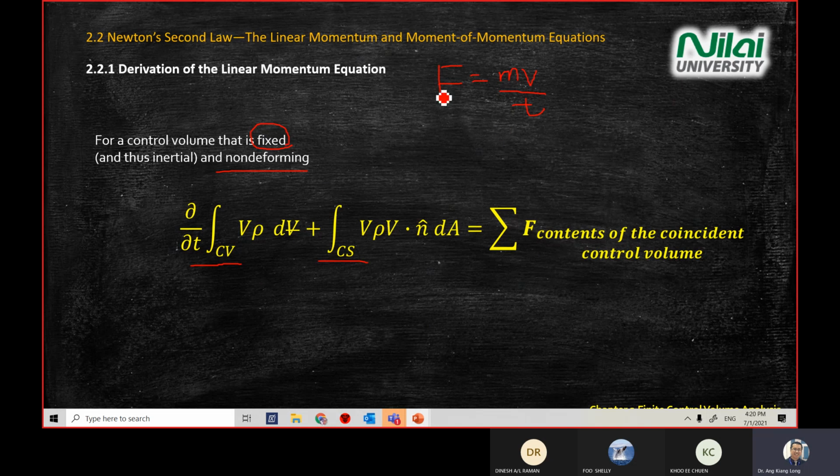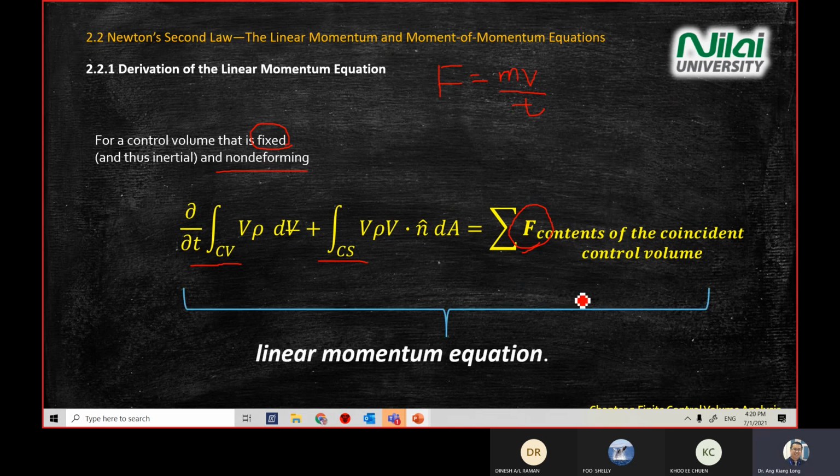Right hand side, this one is the force. Okay, this section will deal with force and momentum. The whole thing is called the linear momentum equation when we put force inside the control volume plus control surfaces equation.